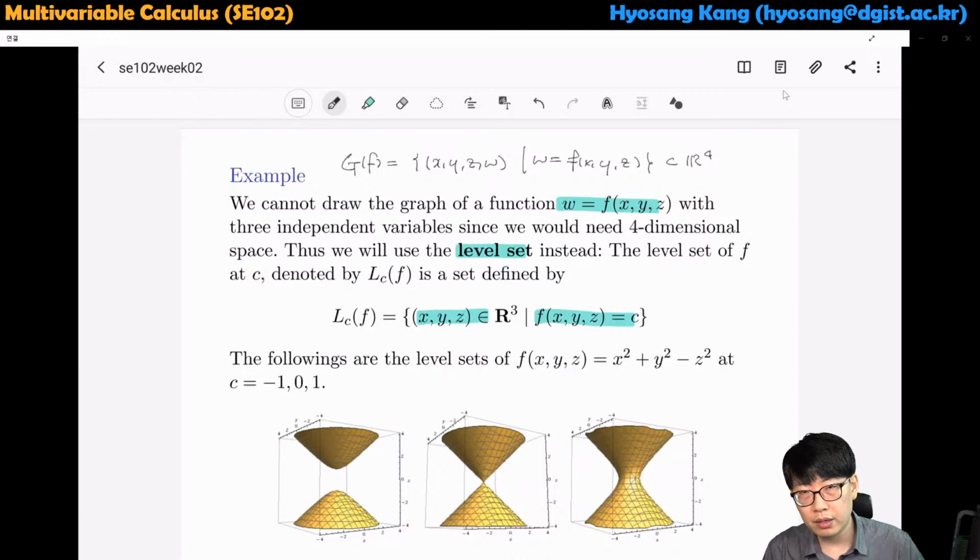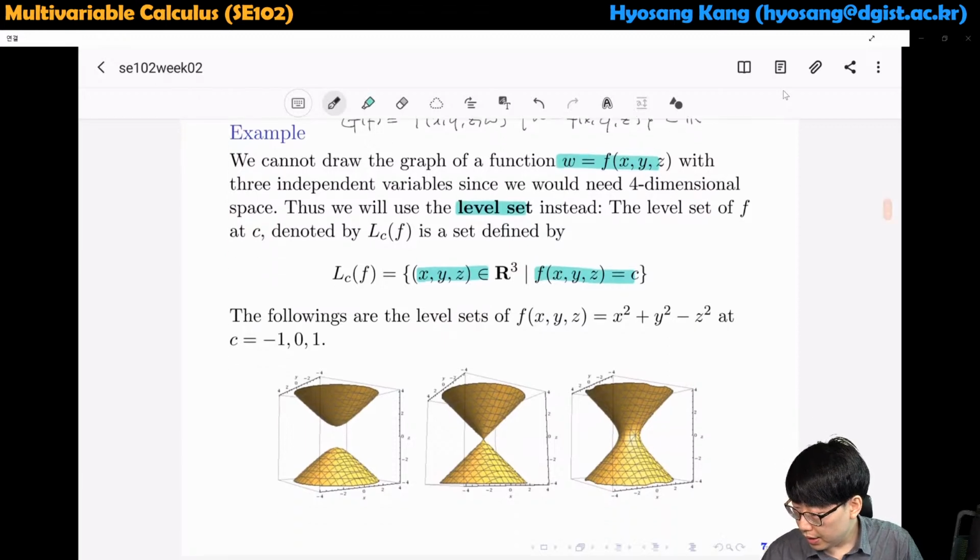There's no way we can visualize four-dimensional space in any program. The only way is to draw this level set in three-dimensional space and then see how the level set changes by changing the value c.